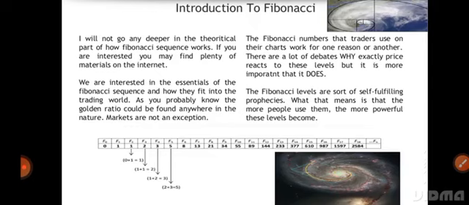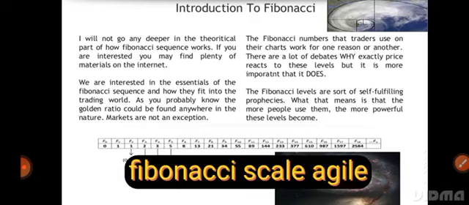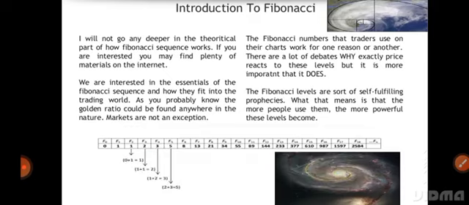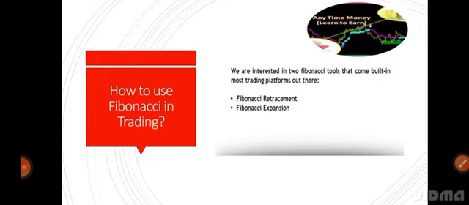Many corporates use this Fibonacci agile method to increase their productivity by the sequence, multiplying their existing tasks and completing them incrementally to finish any project within a timeline. So it exists in many sectors. But how can you use it in trading? In trading there are two things: one is Fibonacci retracement, and second is Fibonacci expansion.